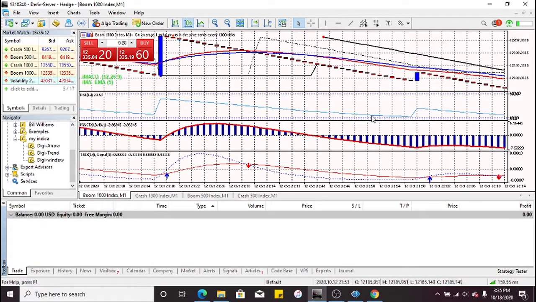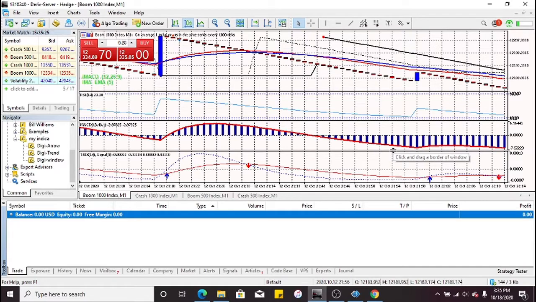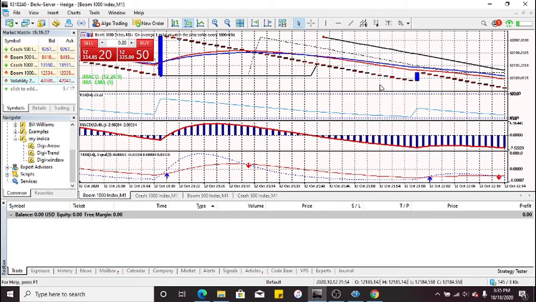And listen, this is just one setup. You can see dozens of these setups in a day. You can capture a whole swing with it, from here to here till the end of it.